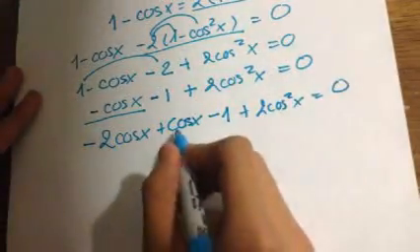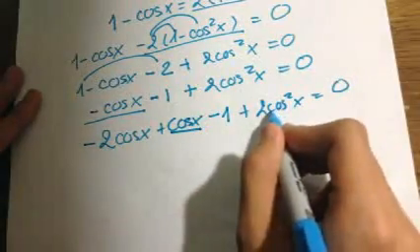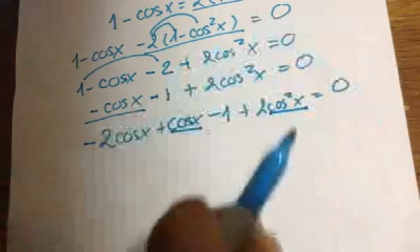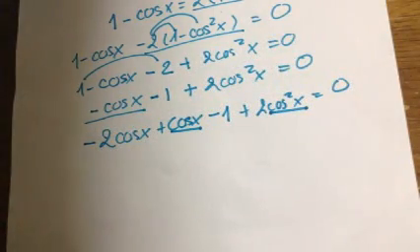So we can see we have cosine of x and cosine of x, so we put them together.